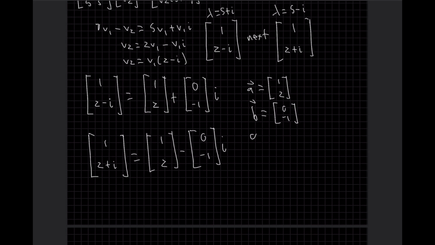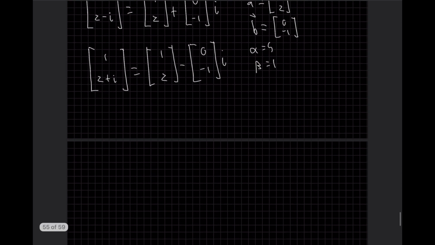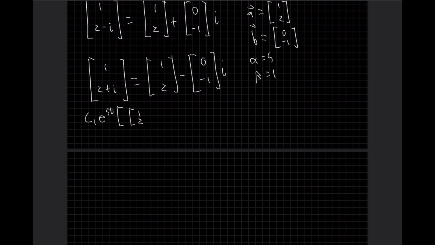And since we know our alpha equals 5 and our beta equals 1, we can write out our full solution as C1 e to the alpha t, so 5t, times the quantity of our A vector, which is 1, 2, times cosine of beta t. Beta is 1, so it's just t. And then we subtract our B vector, 0, -1, times sine of t.